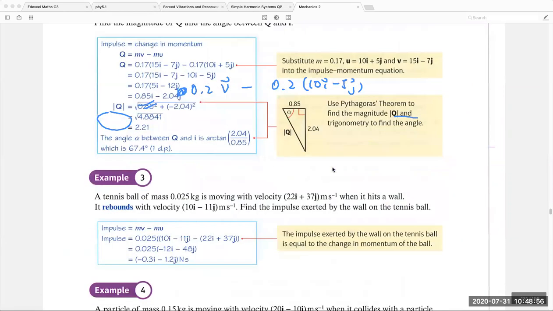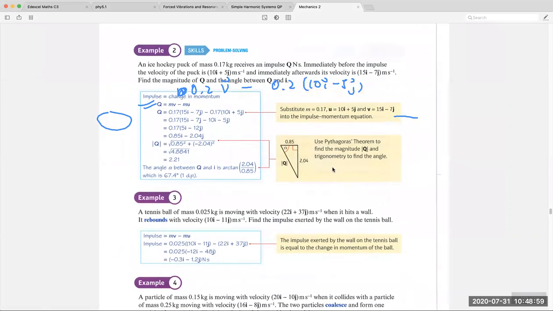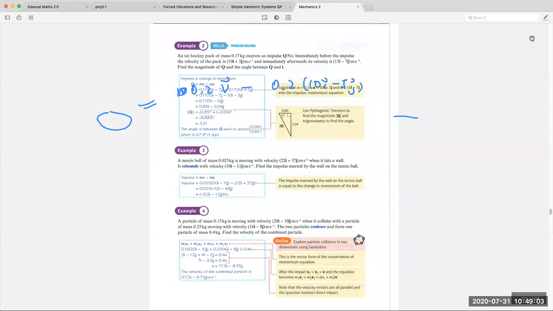And let's go on. You may have a look at these two questions and then these three questions, and then we do exercise in this session.